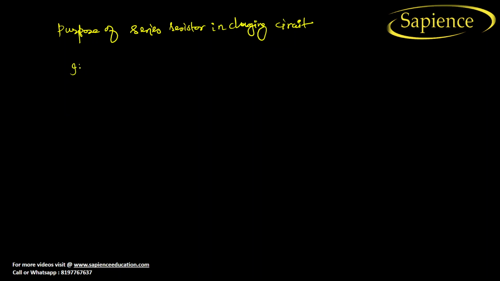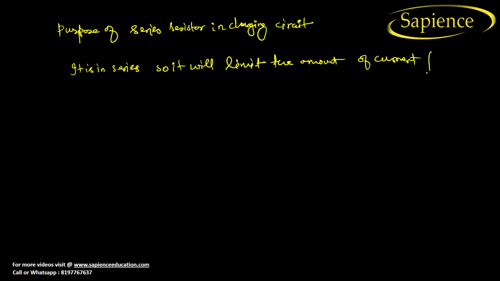Since it is in series, it will limit the amount of current flow, right? Since it limits the amount of current flow, what will happen?